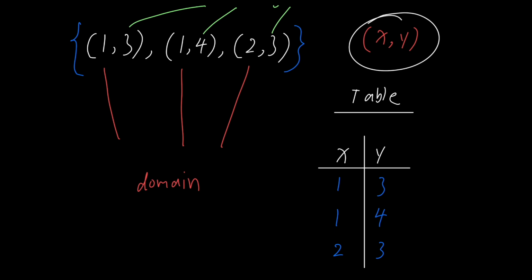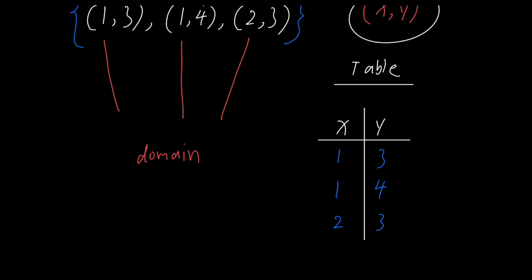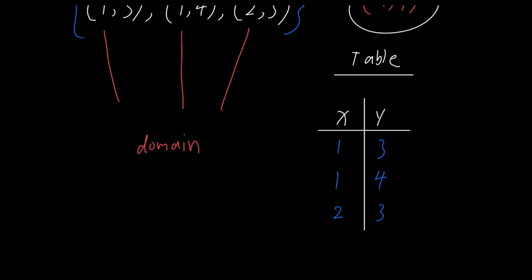And we can tell directly the numbers on the x-coordinates, which we just learned to call the domain. And the numbers on the y-coordinates, we call the range. So for the table method, it's much easier to tell.